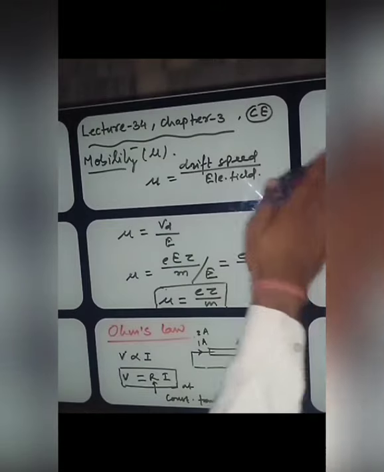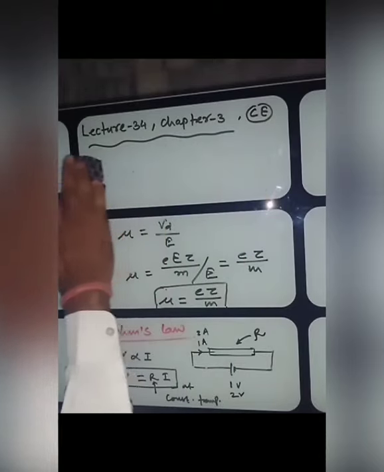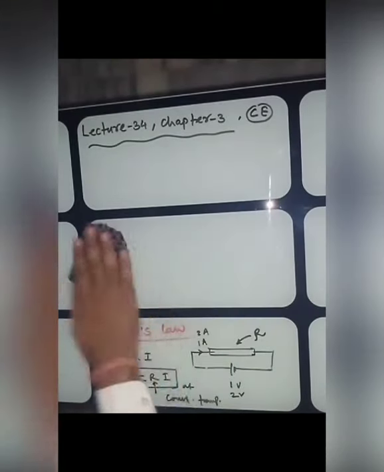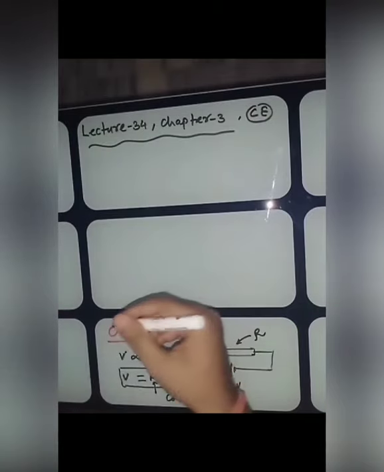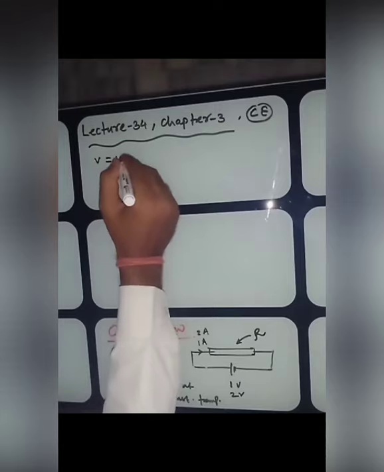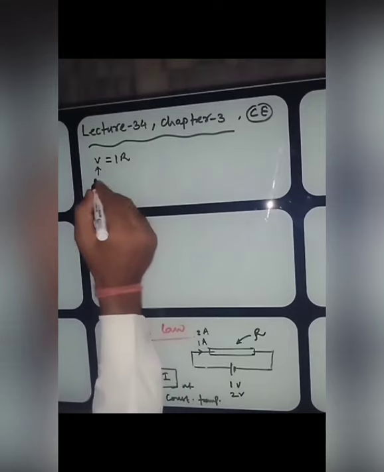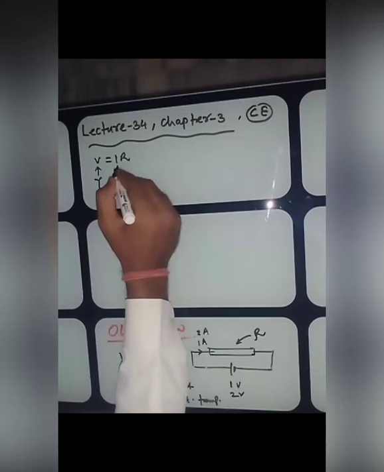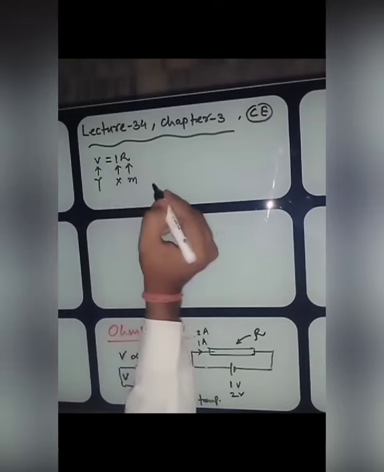If you represent this particular law on a graph, you will find such a relation. Suppose V is equal to IR. We have represented V on the y-axis and I on the x-axis, and R is the constant, suppose it is m.